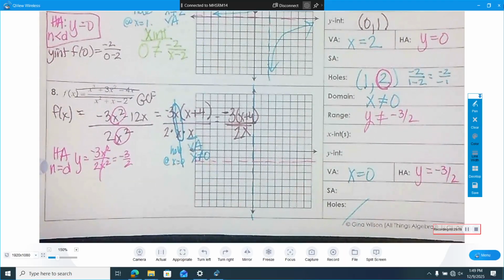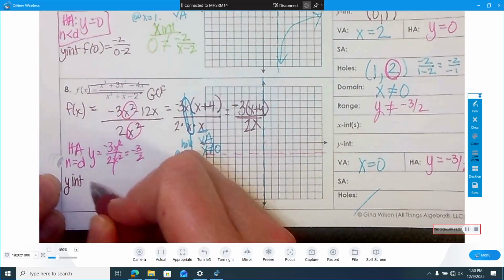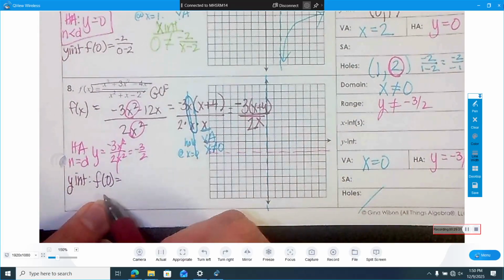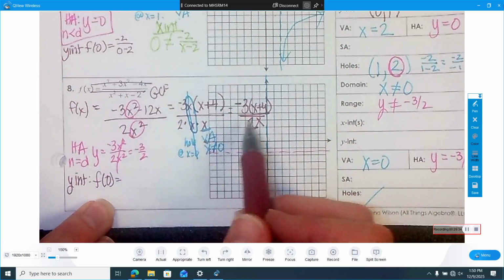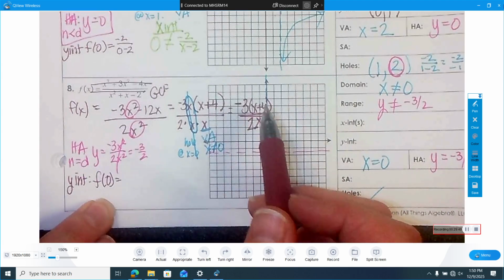All right, let's see. What else can we figure out here? Y-intercept. What's our y-intercept going to be? We're going to plug in 0 for x. Do you want to plug it in at the beginning or the end? Yeah, either place would work.